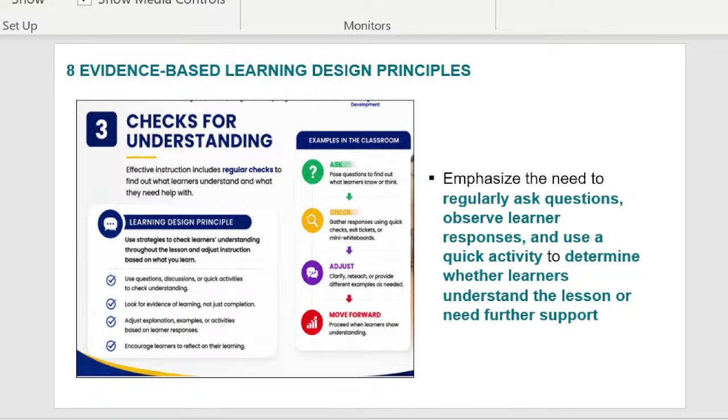From the quality of the responses of the learners, teachers can deduce if they are already at the higher order thinking skills. Teachers must regularly ask questions, observe learner responses guided by the SOLO framework, and use a quick activity to determine whether the learners understand the lesson or need further support.